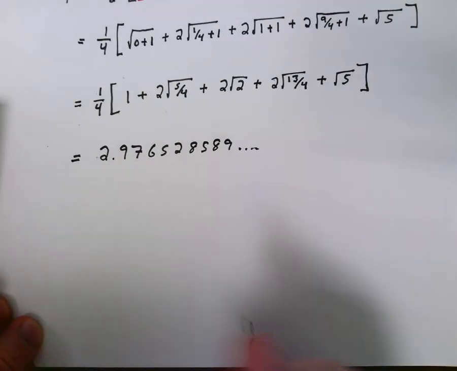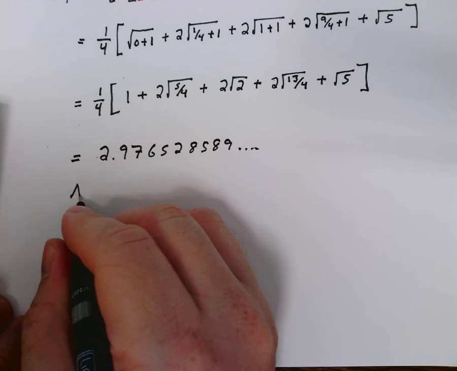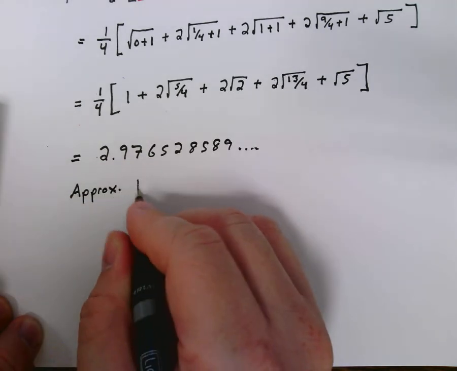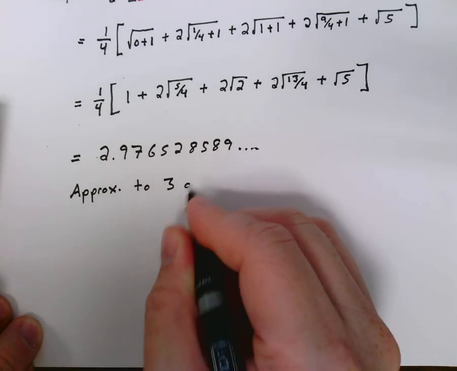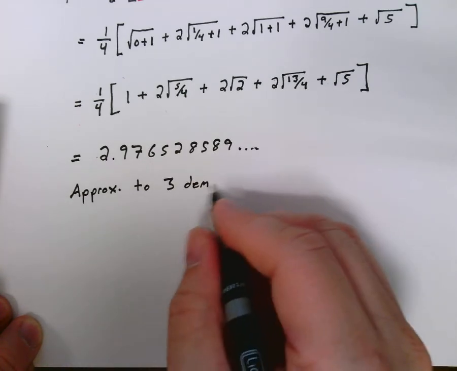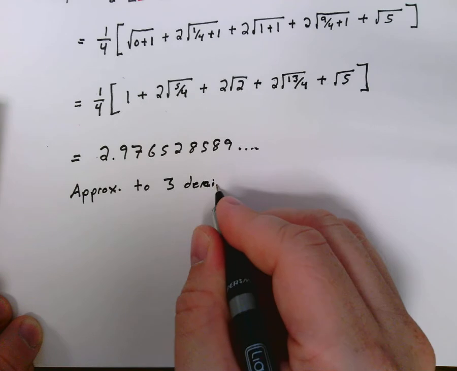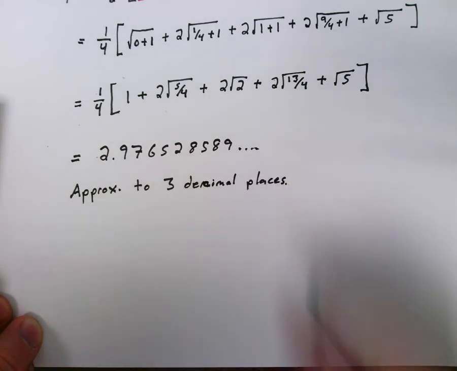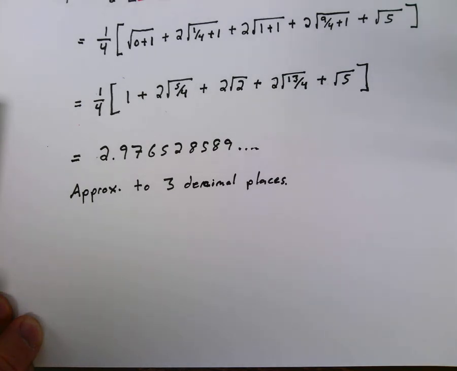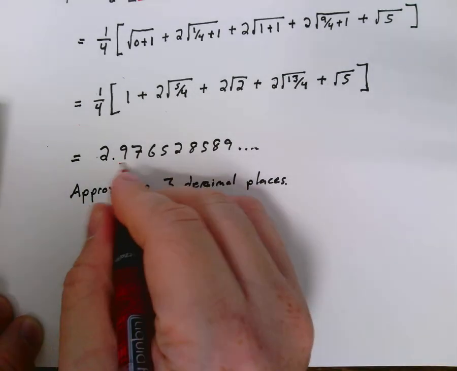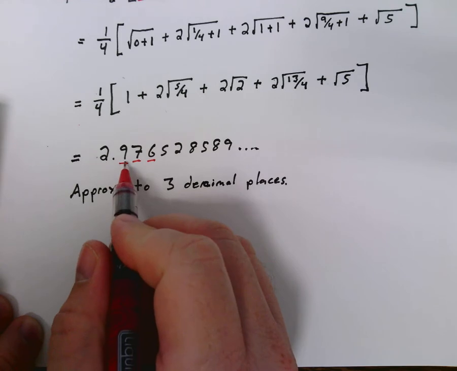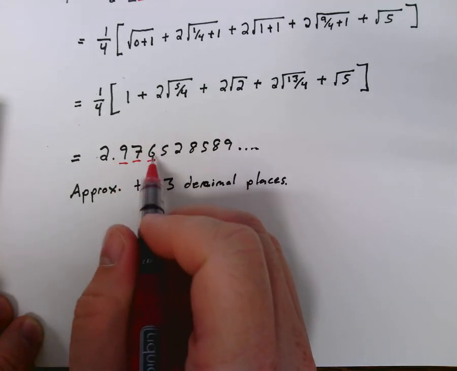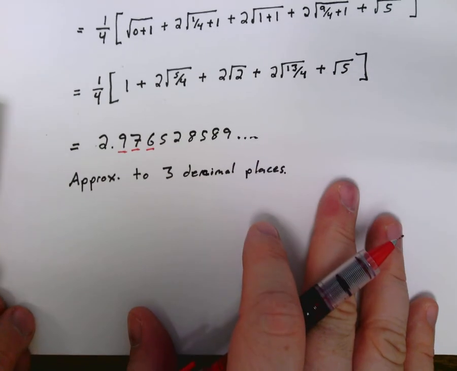So in the directions, I'm going to have to tell you how to approximate. So let's approximate this to, say, 3 decimal places. So that means I'm going to have to go 1, 2, 3. This is the tenths, the hundredths, the thousandths. So if I said approximate to the thousandths place or 3 decimal places, it's the same.